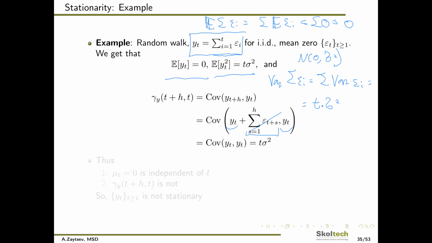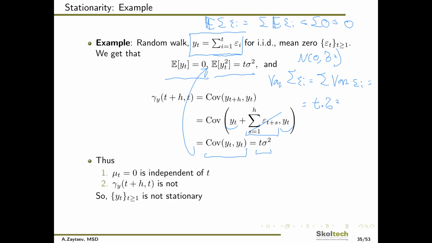So we have the remaining part, the covariance of yt and yt. And because the mean is 0, we calculate it like this, and we have this here. As we can see, the mean value is 0, so it's independent of t. For the autocovariance function, we don't have this independence of time. That's because this time series is not stationary.